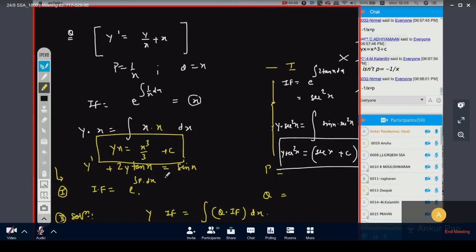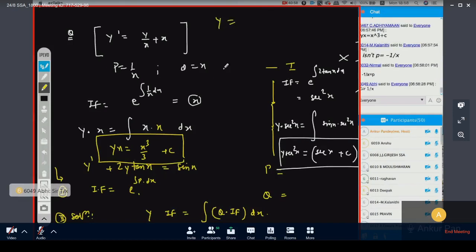Now, what is the answer given in the options is all y equal to. So you will understand by yourself. Sir, y equal to is what? x square by 3 plus c by x. Answer.